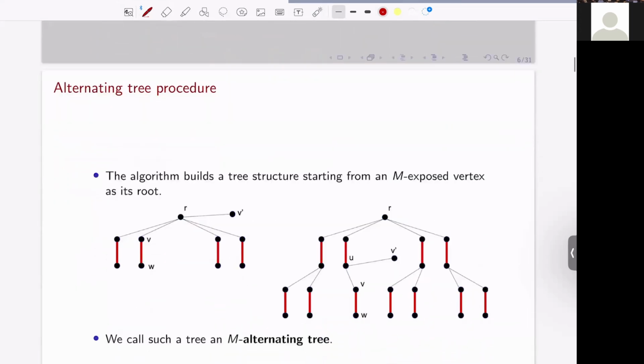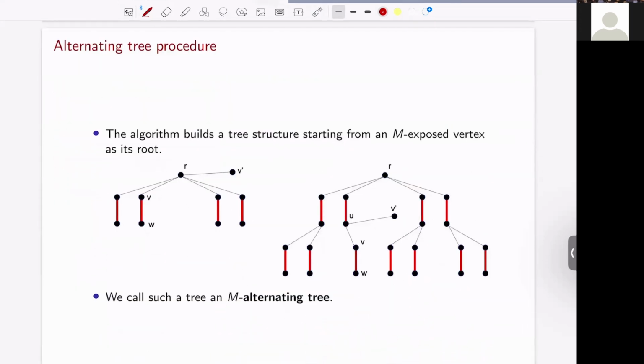All right, so to find an augmenting path, we use this structure called the alternating tree structure. The idea is that we take an exposed vertex. If you don't have an exposed vertex, it means that your matching is perfect, which automatically implies that your current matching is maximum. If your matching is not maximum, then you must have an exposed vertex like R here.